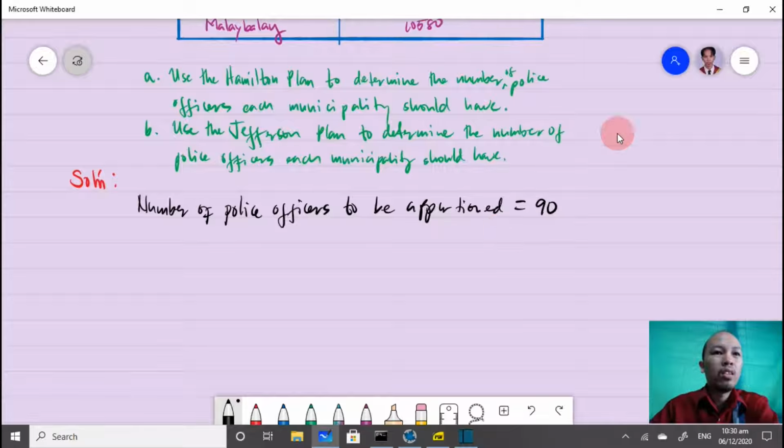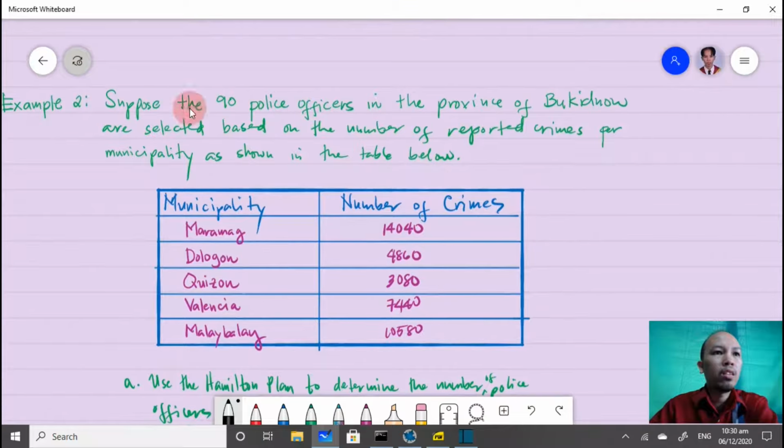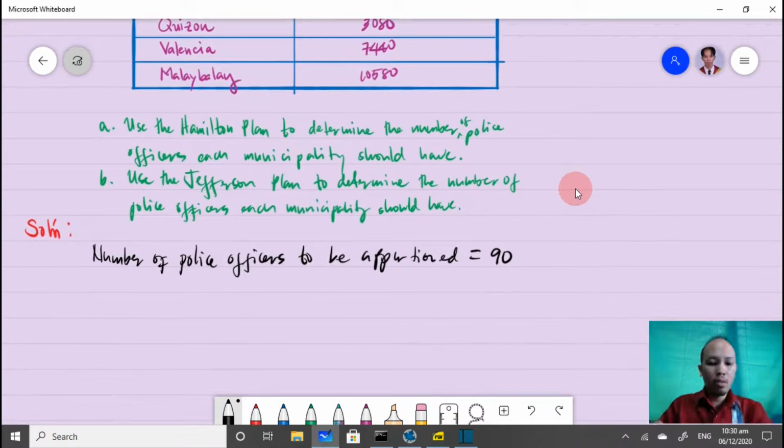As you can see here, 90 police officers. First, we are going to calculate the standard divisor.